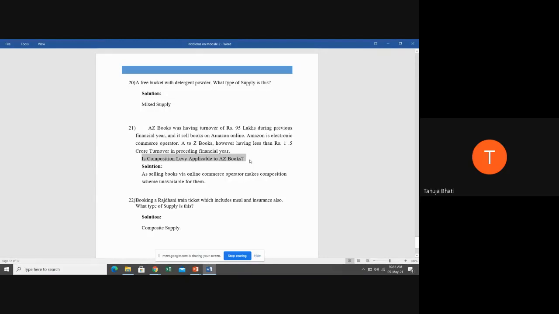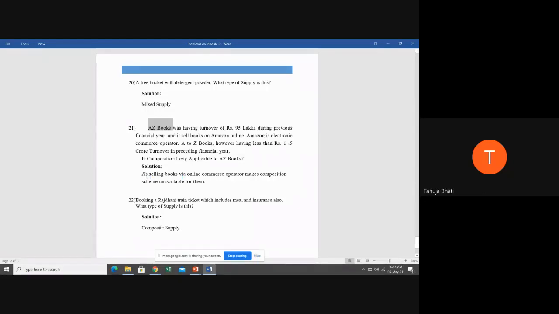So students, when we learned about composition levy, we learned about certain persons who cannot opt for composition levy, like persons doing interstate transactions of goods, or e-commerce operators. Correct? Even if their turnover is less than 1.5 crores, there are certain categories of persons who cannot opt for composition levy. Since A to Z Books is selling their books on an electronic platform through an e-commerce operator, they are not eligible for composition levy.